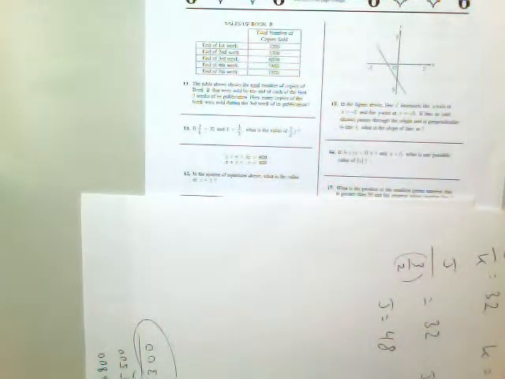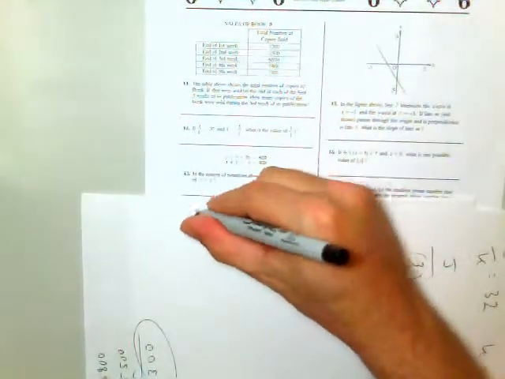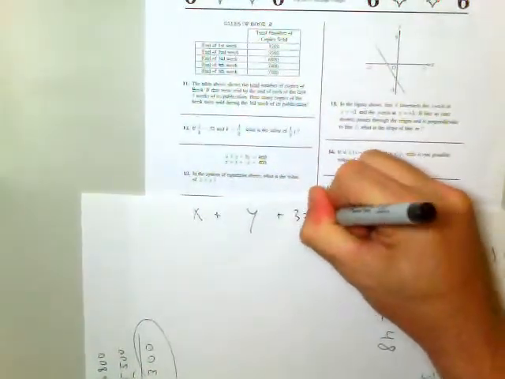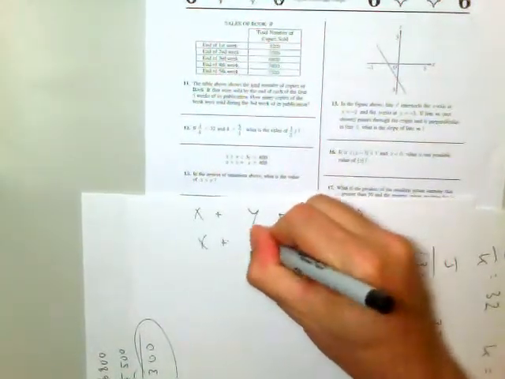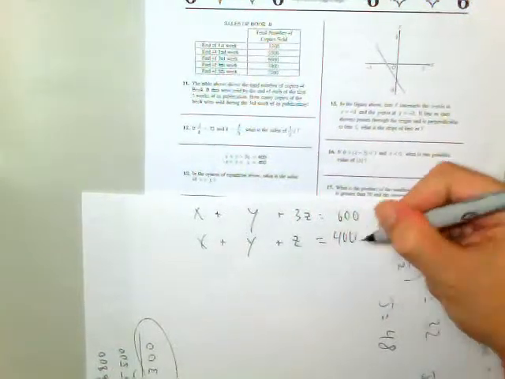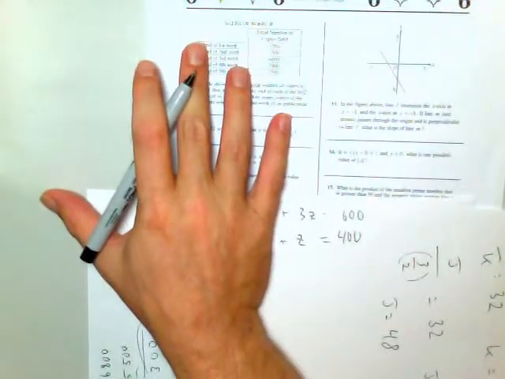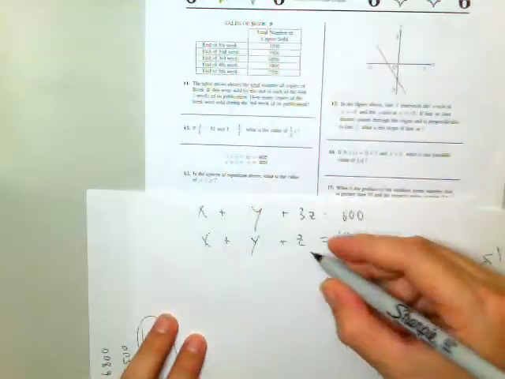In the system of equations above, what is the value of x plus y? It gives us x plus y plus 3z equals 600. x plus y plus z equals 400. I'm not going to try to eliminate them. Well, I am, in the sense that I'm ignoring these, and I'm going to say when I add 2z, I get 200 more.